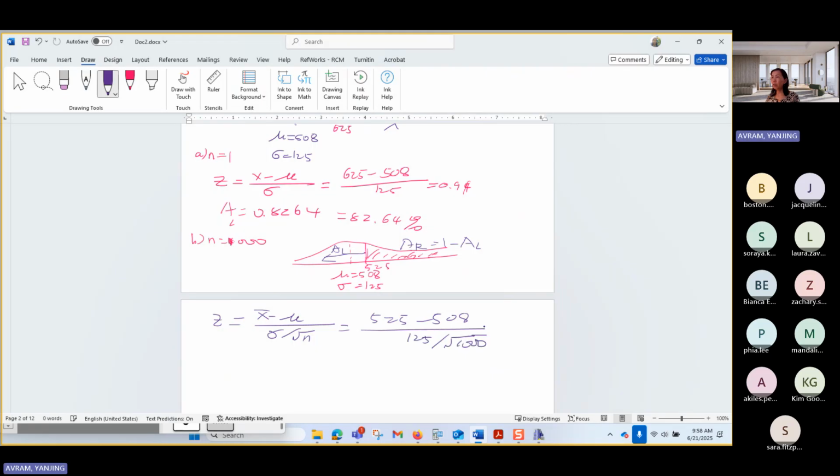Okay, if you want to put everything all at once in a calculator, you do need parentheses. If you don't use the parentheses, your calculator is going to interpret it as 525 only, and then minus, and that's how the calculator will think.